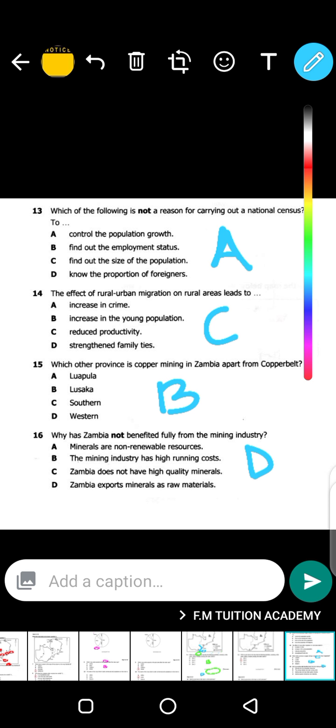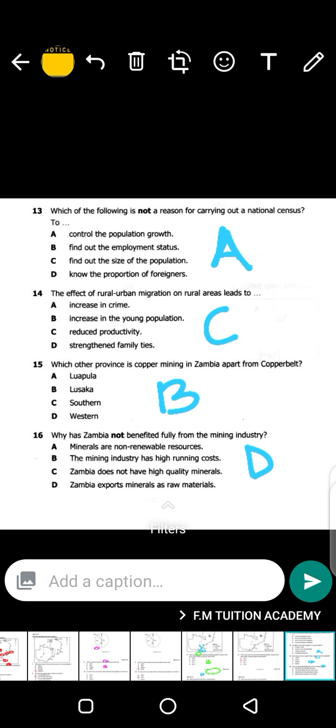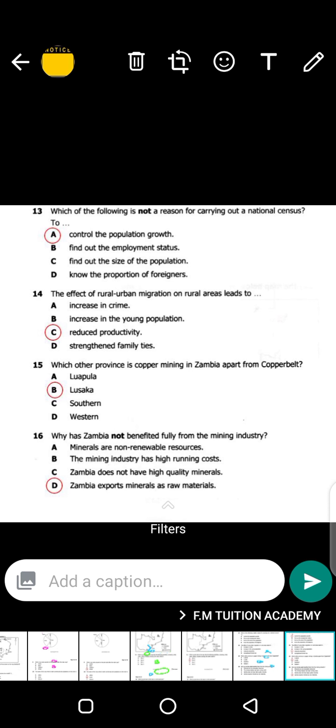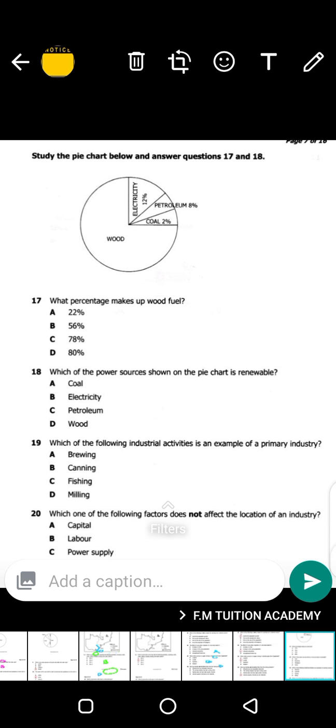I hope your mind has opened up to have a clear understanding. So these are the answers: A, then C, D, B, then D. Okay, let's proceed.